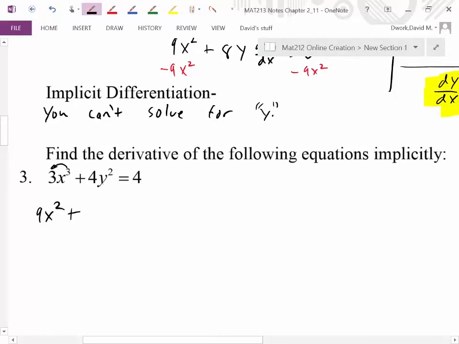Plus, whenever you're doing derivatives with y's, you're still doing it the good old-fashioned way. You just have to remember, whenever you do the derivative of y, so it's 2 times 4 makes 8, 8y. Now whenever we're doing the derivative of y, it's always dy/dx. Just like every problem you've done up to this point, when instead of writing y prime, you could have been writing dy/dx.